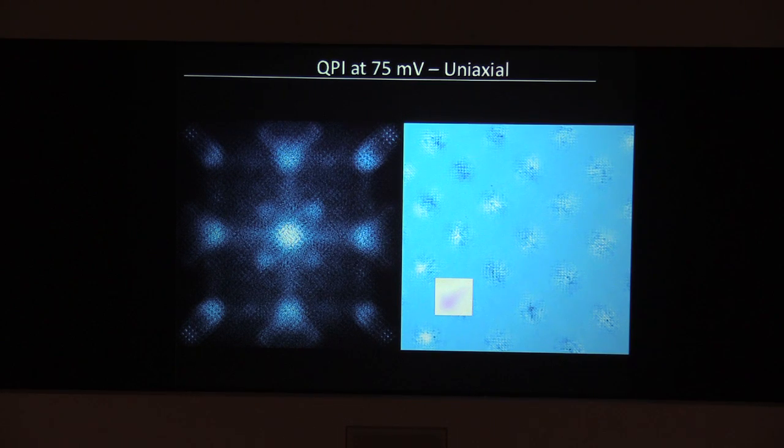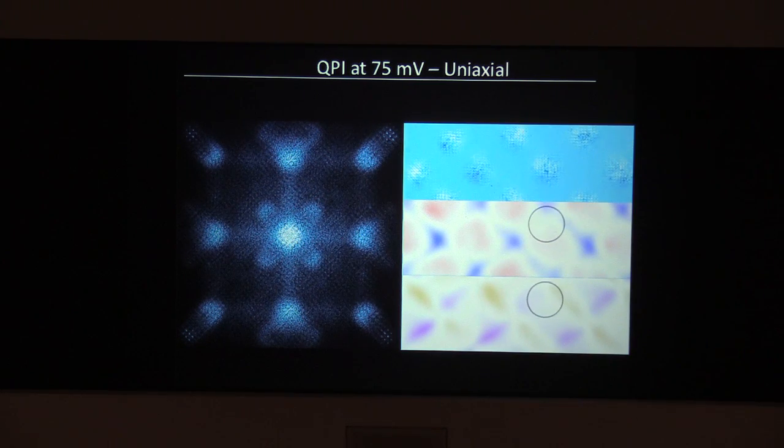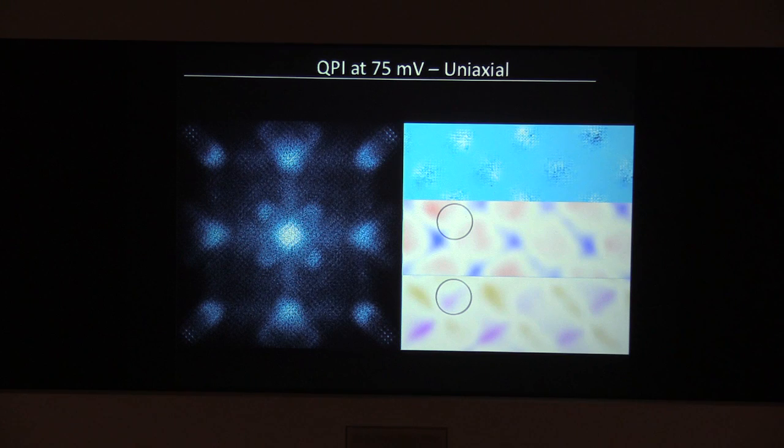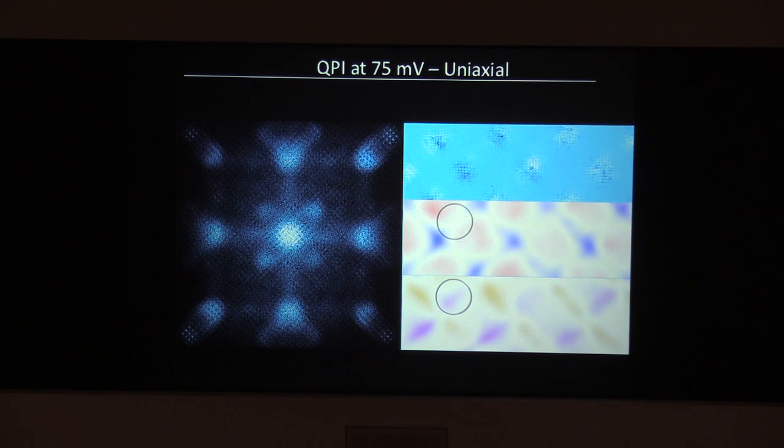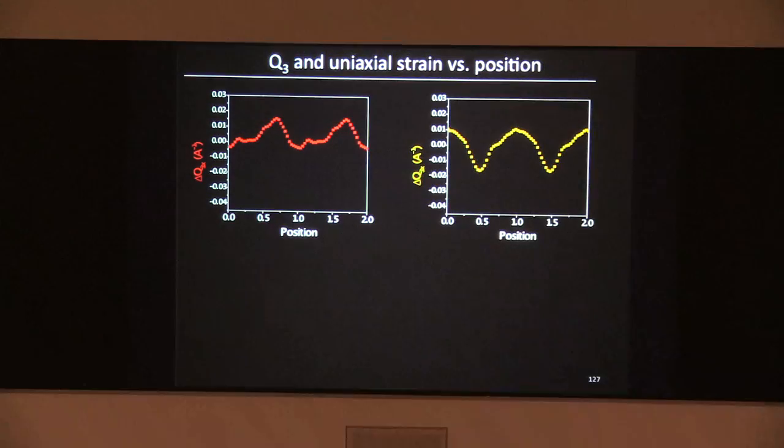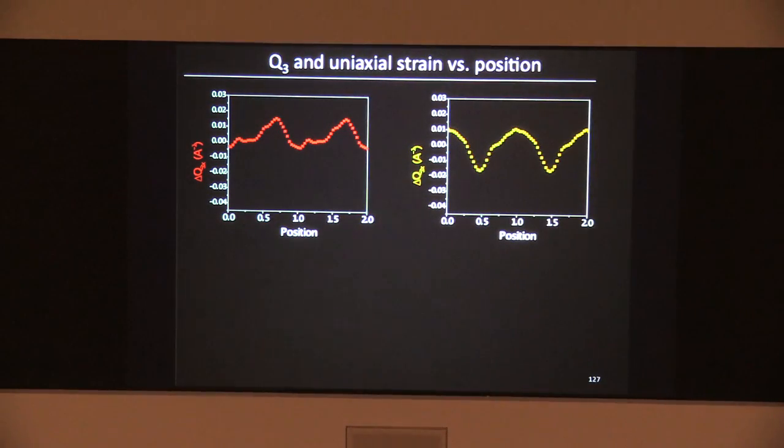So what this tells you immediately is that there's no potential variation that can create this kind of pattern in the Dirac node shifts, where two of them move together and the opposite two move in the opposite direction. So this is definitely strain.